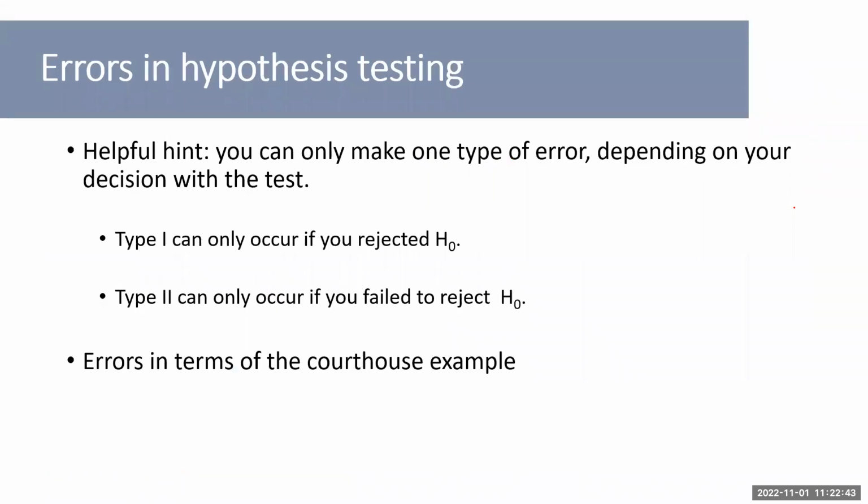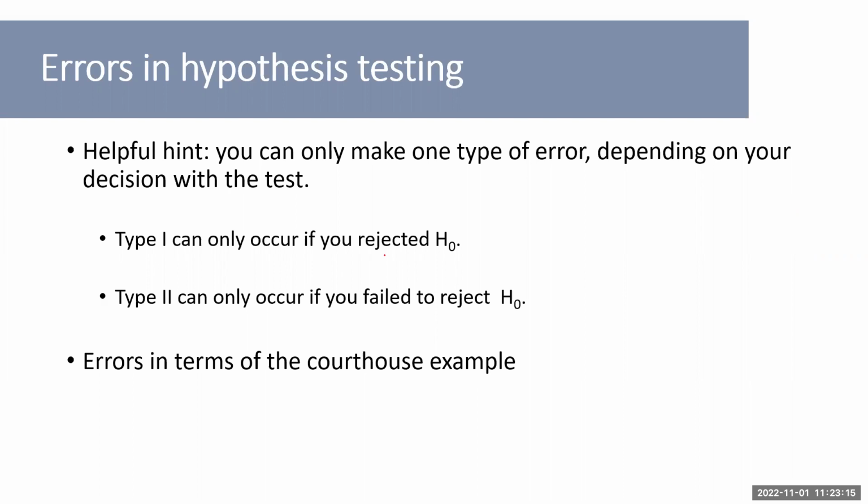Now, something that you should keep in mind. At the outset of your entire hypothesis testing procedure, it's possible that you're going to make either mistake, right? You know, you've stated your null hypothesis, you've gone from there, and at the end of this, I could make a type 1 error, or I could make a type 2 error, or I could be right in my decision. However, once you have your data and once you have made a decision, there's only one type of error that you could have made, okay?